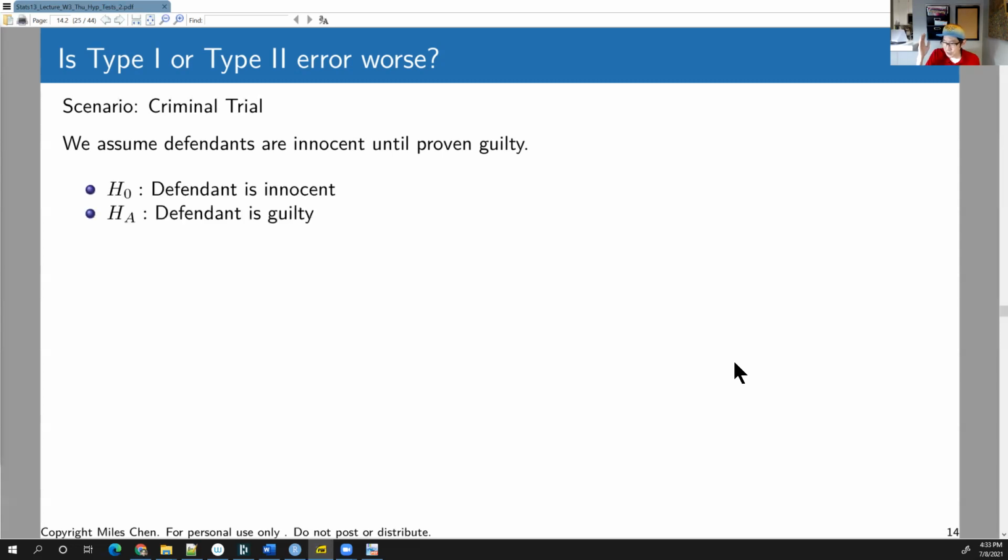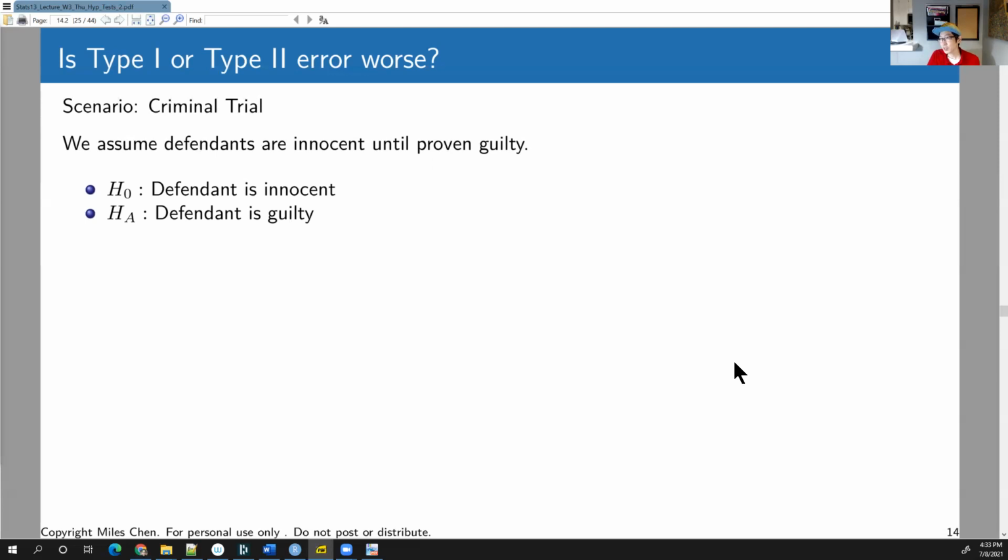Okay. And so we're going to say our null hypothesis is that the defendant is innocent. This is what we are assuming. And it is up to the prosecution, your district attorney, to present enough evidence to the judge and the jury that the defendant is guilty, that whoever is on trial actually committed the crime.